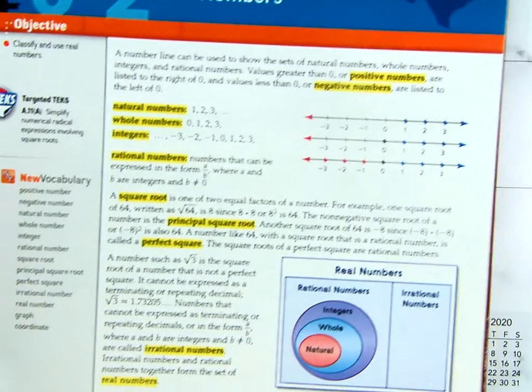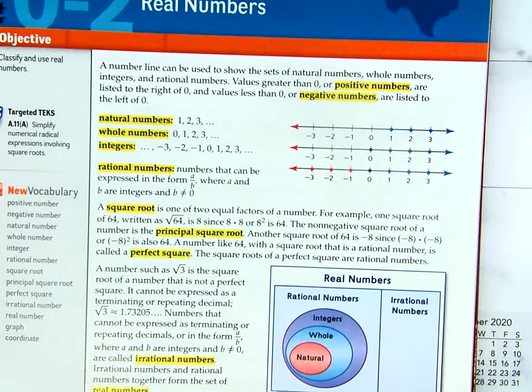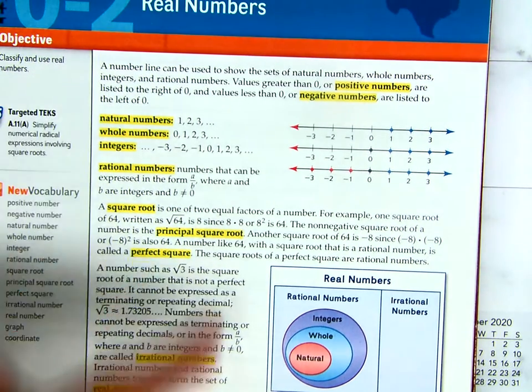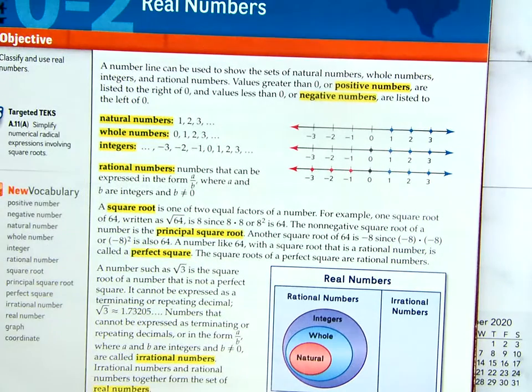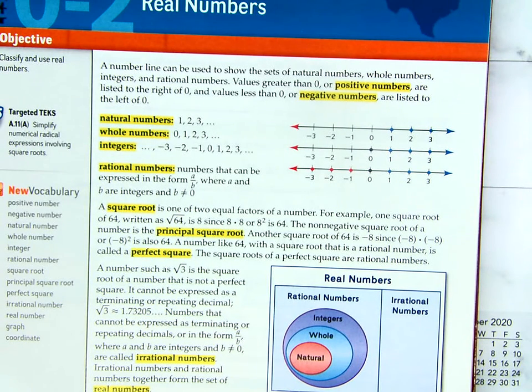All right, starting out here. It will not always be like this, but I want you to get started on the right foot. So we're going to read through this. We're going to find out what this section is all about. It says a number line can be used to show the sets of natural numbers, whole numbers, integers, and rational numbers.